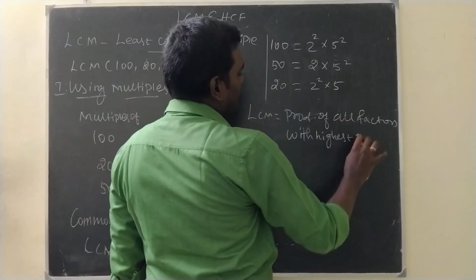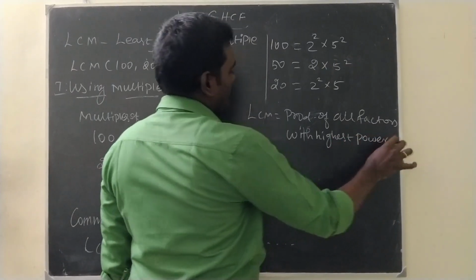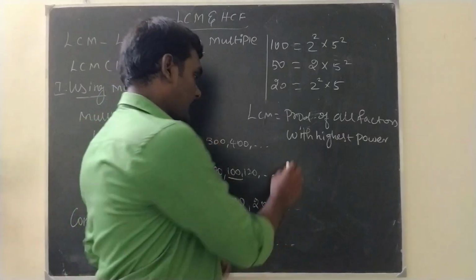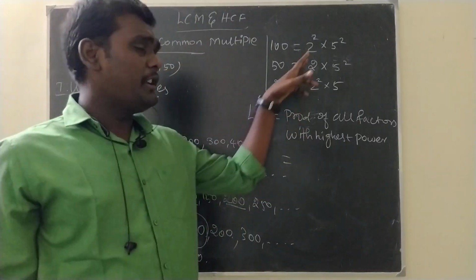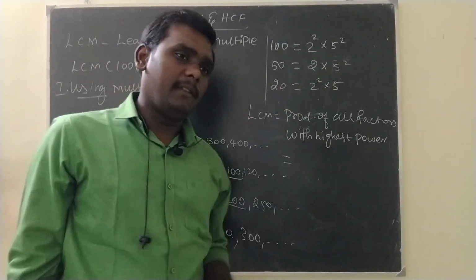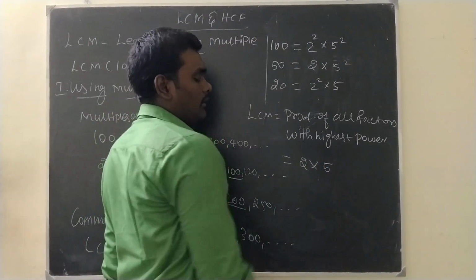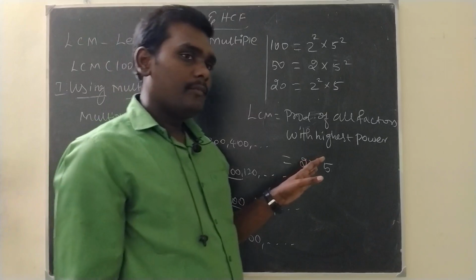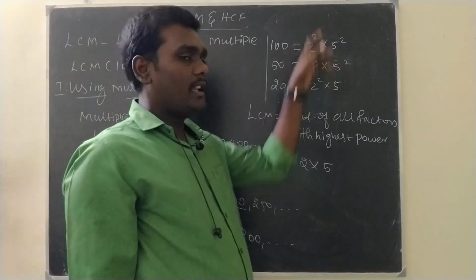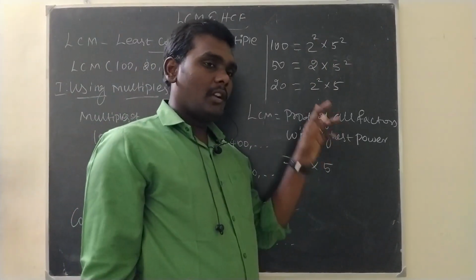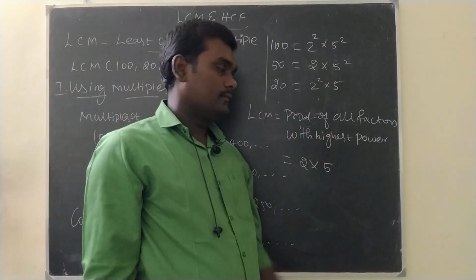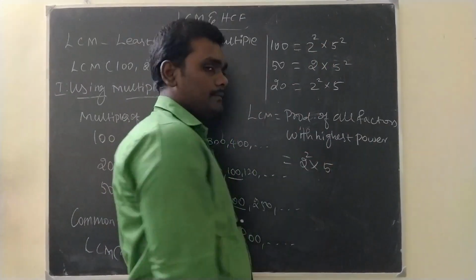With what power? Highest power. See this LCM, we have only 2 factors here, one is 2, another one is 5. So 2 is one factor, 5 is one factor. What is the highest power of 2 in all the 3 cases? We compare all the 3, which one has the higher? That one we will take.